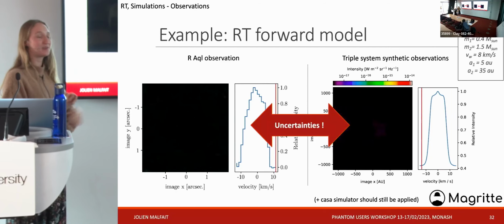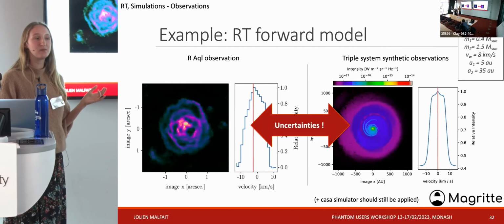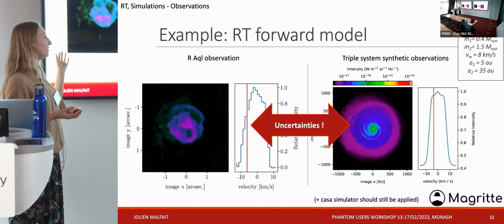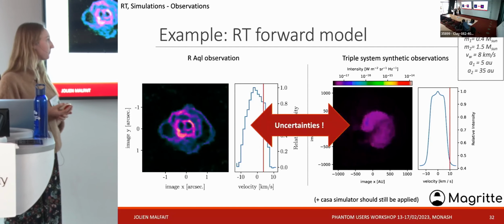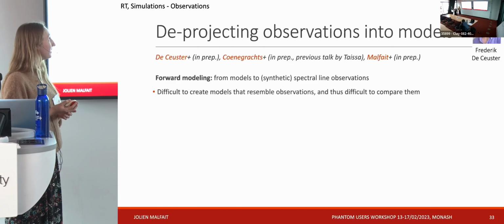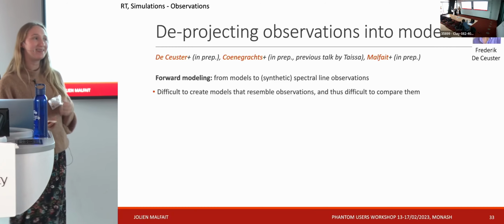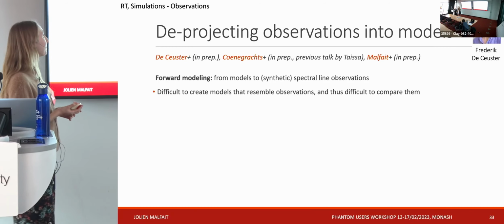But secondly, also because these observations are so complex, it's really difficult to know which simulations to make that will actually look like these observations. So that is why Frederik de Keuster and his collaborators are trying a different approach to this problem.